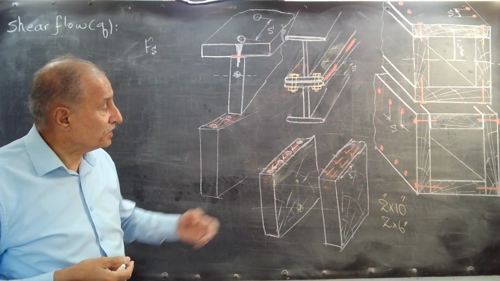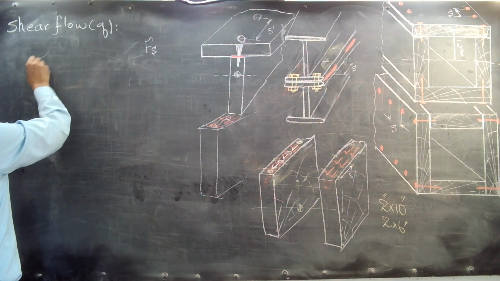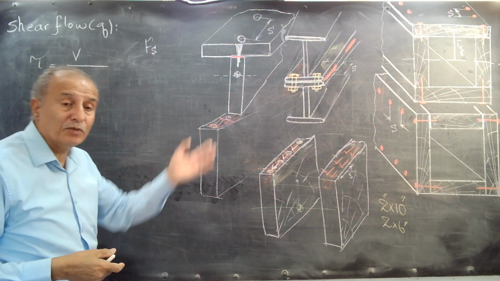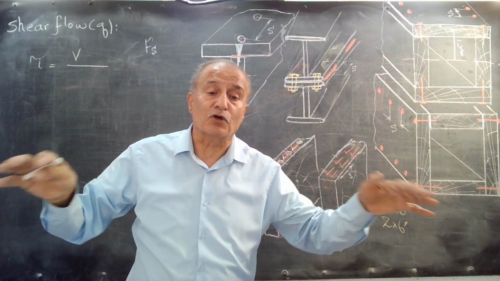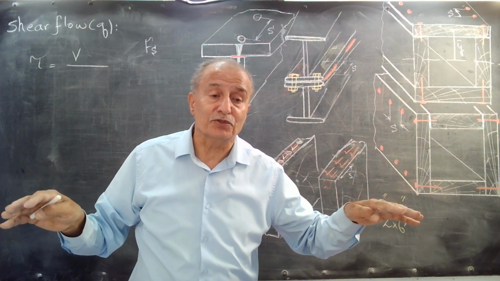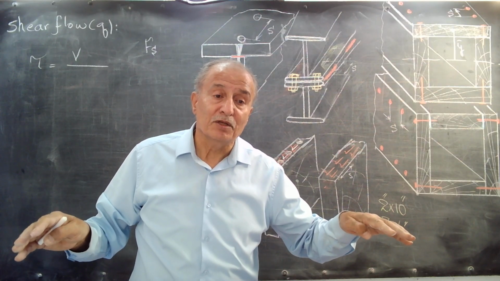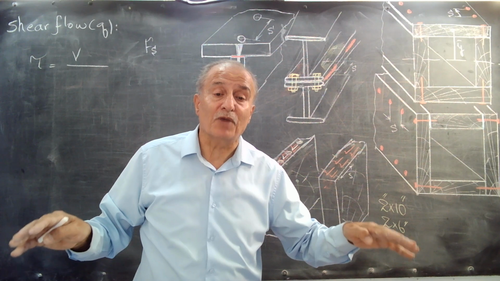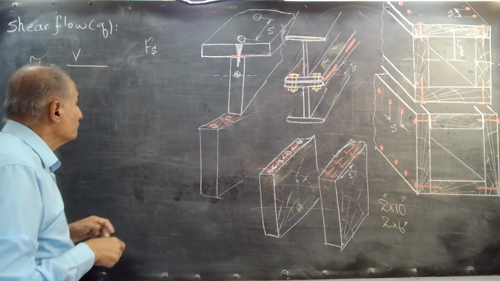Then you want to calculate the horizontal shear stress, tau, which is equal to the shear force V. It depends on the loading on the beam. You must draw the shear force diagram to find where the maximum shear force is, because we focus on the worst case scenario where the shear force V on the beam is maximum. We don't pay attention to the other values.